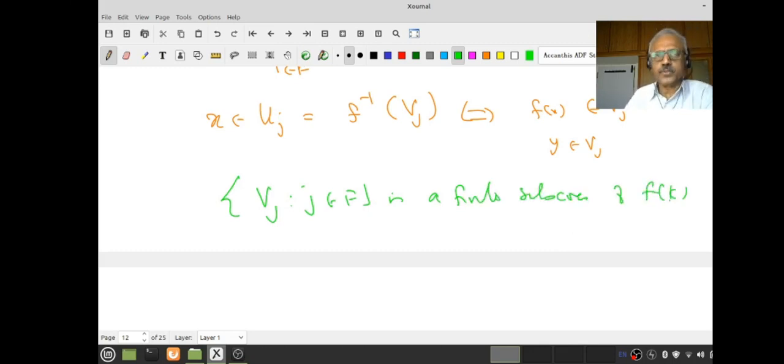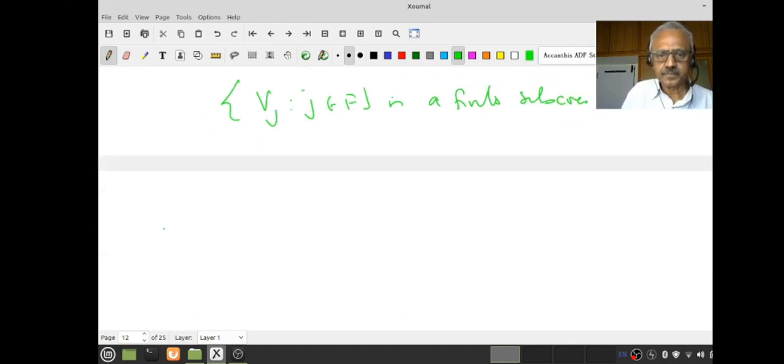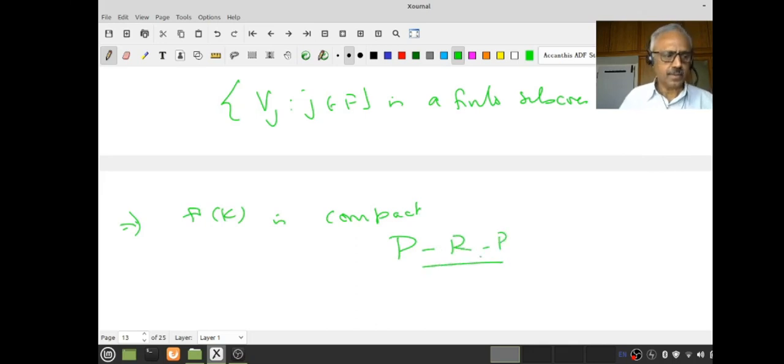Okay. Therefore you gave me an open cover of f(K) of type 1 in Y, then I was able to find a finite subcover. Therefore f(K) is compact. Therefore what is the conclusion? Conclusion is f(K) is compact. So pause, review, proceed.